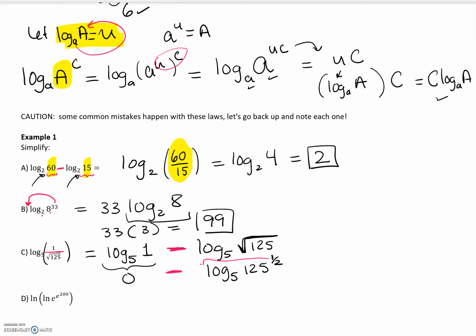So I have negative a half log base 5 of 125. And it looks like we're pretty much there, because 5 to the what gives me 125? Well, 5 to the 3rd will give me 125. That will spit out an exponent of 3, and I have negative a half waiting outside of it, so my final answer should be negative 3/2 for that original one that I started with.